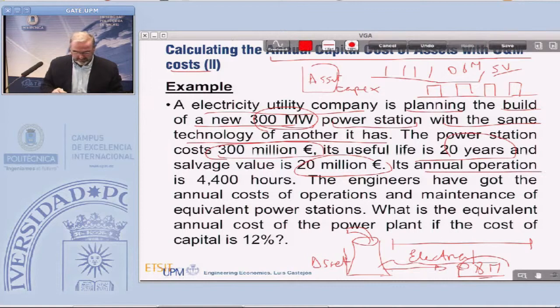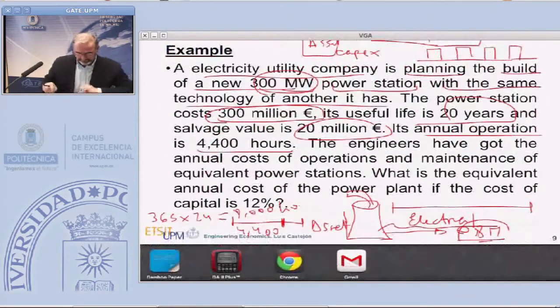The annual operation is 4,400 hours. So during a year, there are a total of 365 times 24 hours, which is about 8,760 hours per year. So we are using that amount, 4,400. Let me explain that.